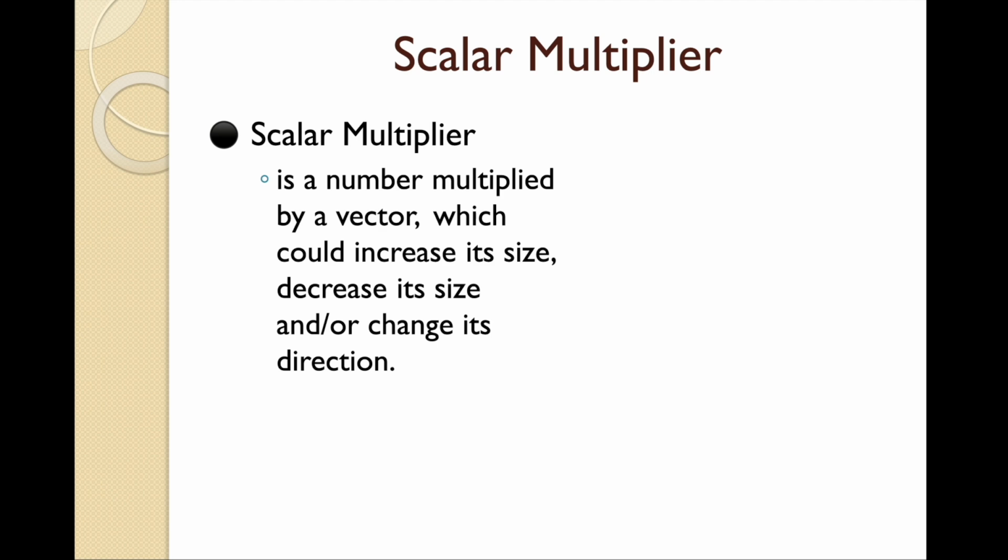By 2. If I want to triple it, what do you think I'm going to multiply it by? Okay, good. What if I want to double it and then change the direction? What do you think I'm going to multiply by? -2. Excellent.